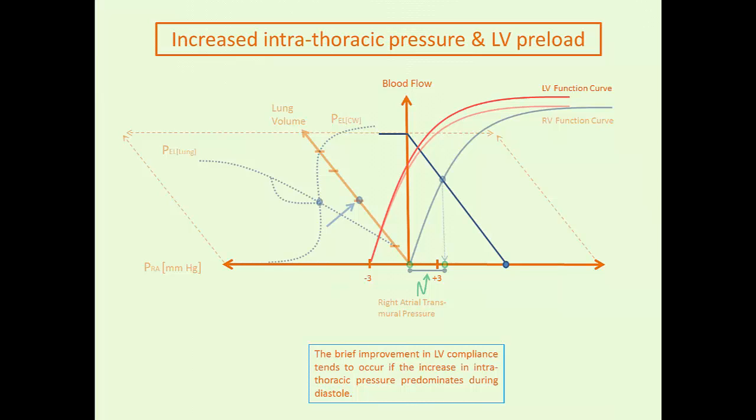And this is fairly well described by Scharf in a number of his reviews, probably just due to random chance of when the most prominent change in intrathoracic pressure occurs, when the intrathoracic pressure increases the greatest, whether or not that's occurring predominantly during systole or diastole. And again, probably fairly minimal transient stresses upon the cardiovascular system.